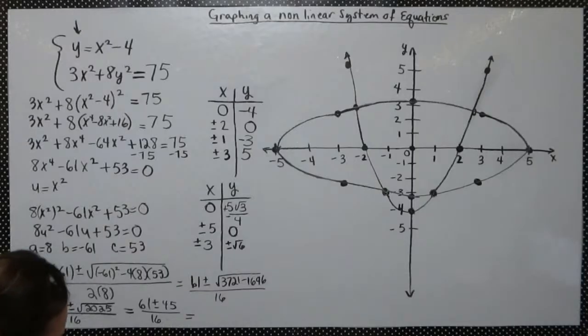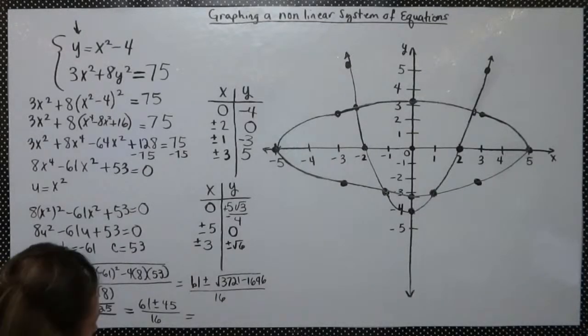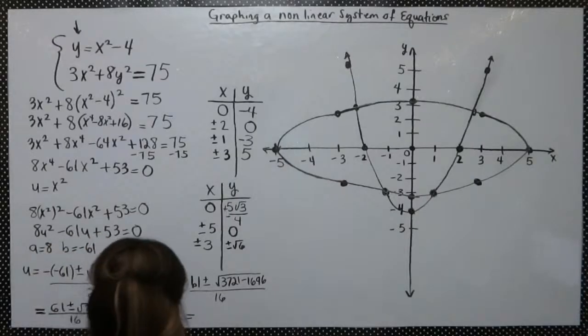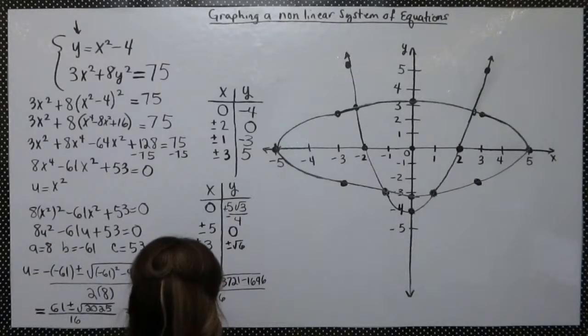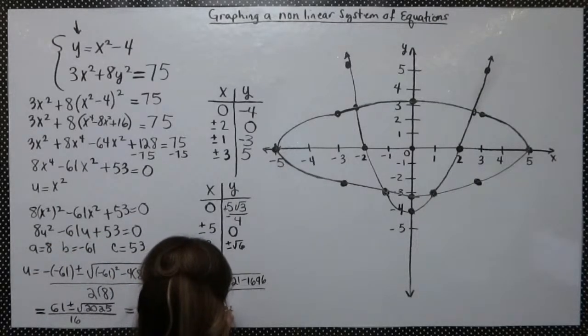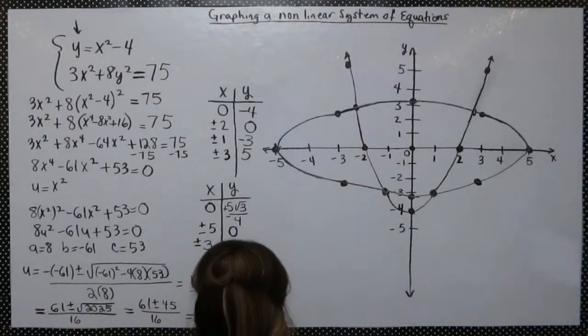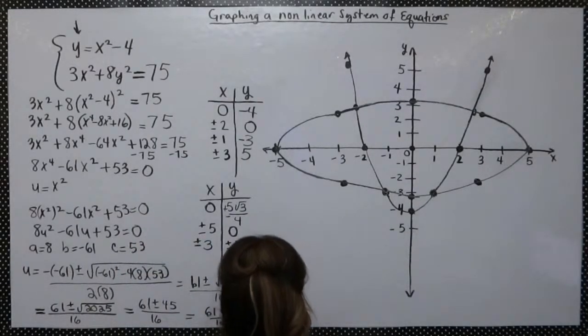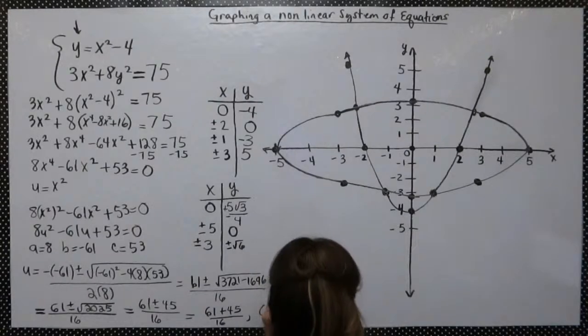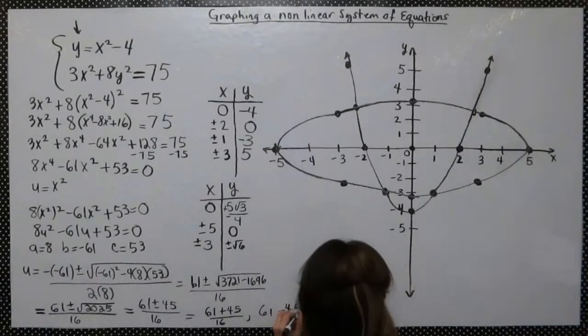So we've got 61 plus 45 over 16 and 61 minus 45 over 16.